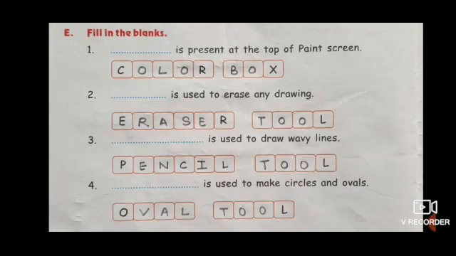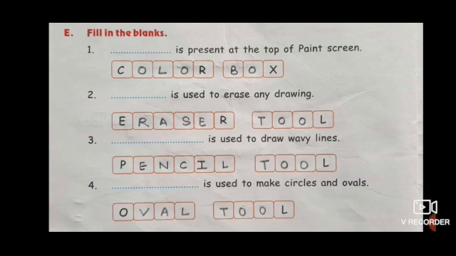Next, E part, filling the blanks. Dash is present at the top of the Paint screen. Color box. So you have to write C, O, L, O, R and B, O, X. Dash is used to erase any drawing. Eraser tool.